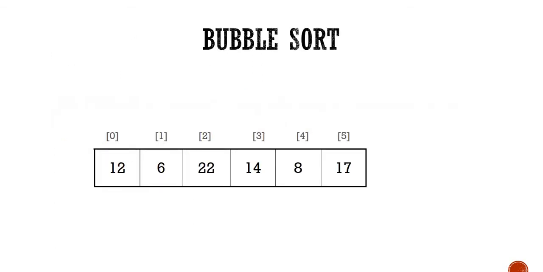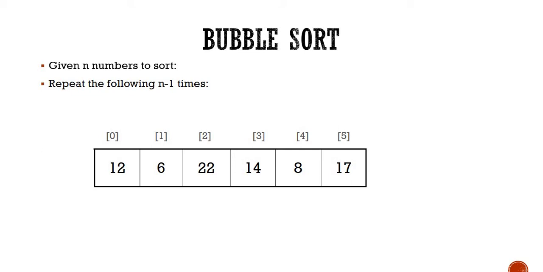Let's say this is the example of the list. Given n numbers to be sorted, we have 6 numbers here. We need to repeat the following n minus 1 times.